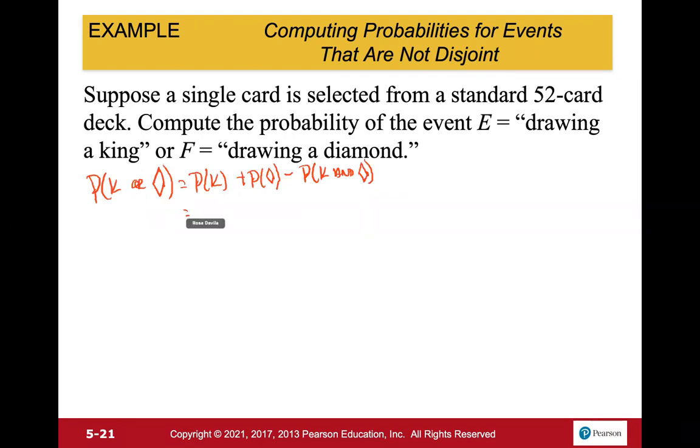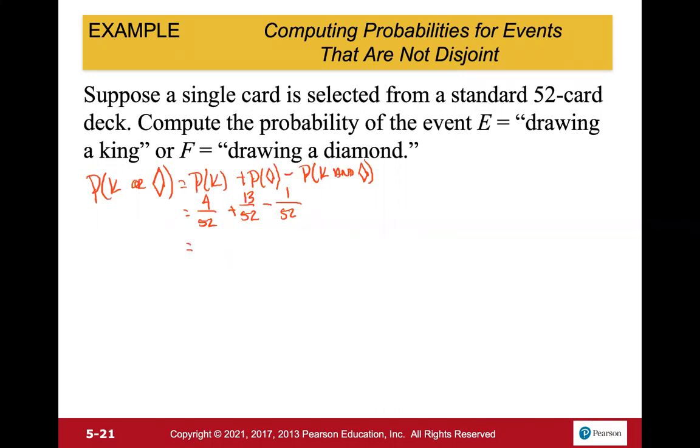Probability of king, there's 4 kings out of the entire 52 deck. Plus probability of diamonds, there's 13 cards per suit, so 13 over 52. And we're subtracting probability of king and diamond because it was counted twice, both in the king's probability and in the diamond's probability. So there's only one card out of the entire 52 that's both a king and a diamond.